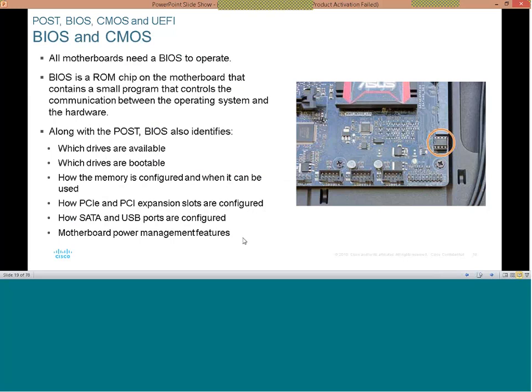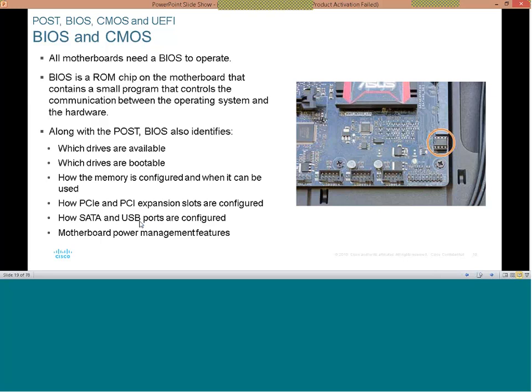system. So along with the POST, the BIOS also identifies which drives are available, which drives are bootable, how the memory is configured, and when it can be used. Okay, so how the peripheral component interconnect, PCI Express, and PCI expansion slots are configured. So it also gives us that whole identification of how the expansion slots are being configured, how SATA, that's the SATA port, and USB ports are configured.